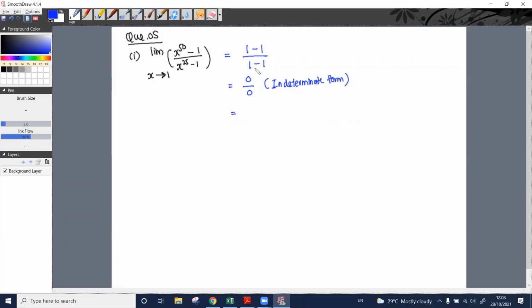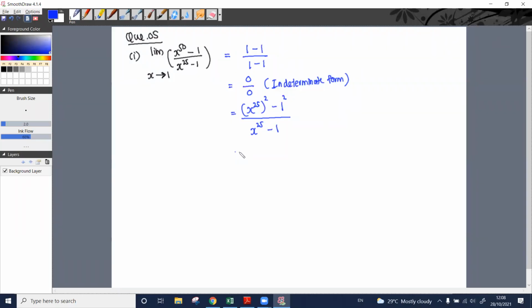See here. X to the power 50, we can express like this: x to the power 25, minus 1 squared, divided by x to the power 25 minus 1. 1 or 1 squared, the answer does not change. So here we have expressed it as the difference between two squares.